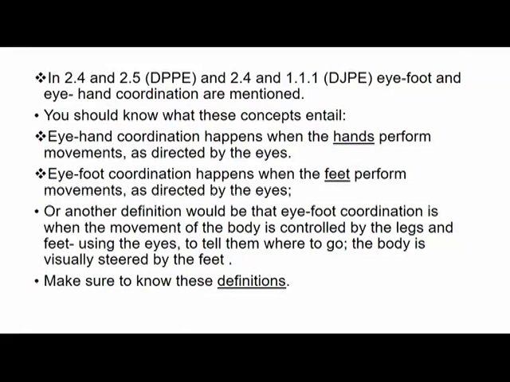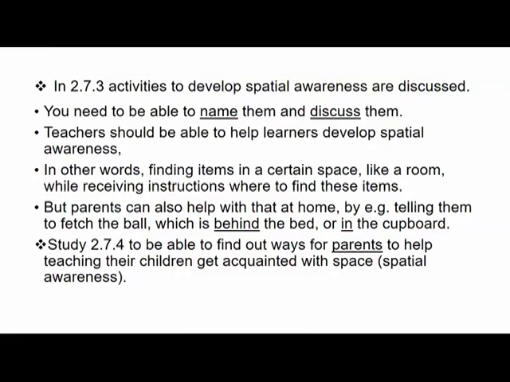Eye-foot coordination happens when the feet perform movements as directed by the eyes. Or another definition would be that eye-foot coordination is when the movement of the body is controlled by the legs and feet using the eyes to tell them where to go. The body is visually steered by the feet. Make sure to know these definitions.